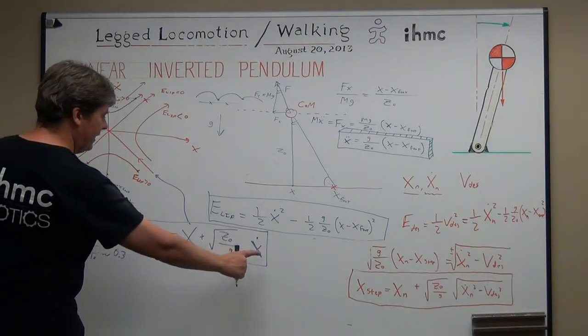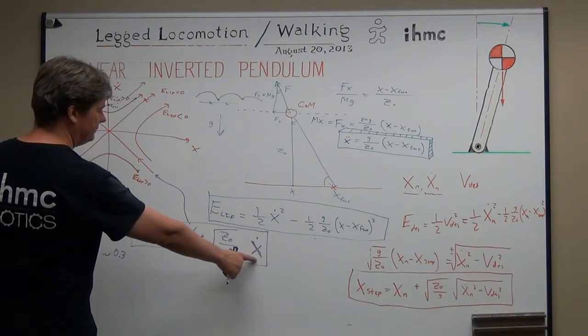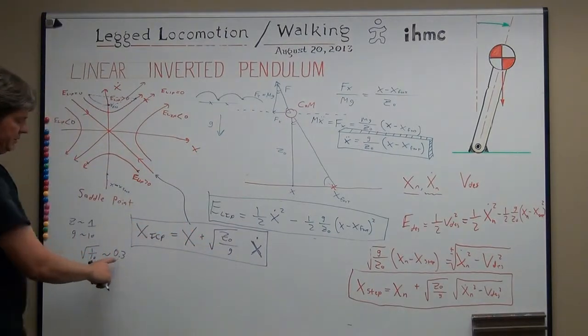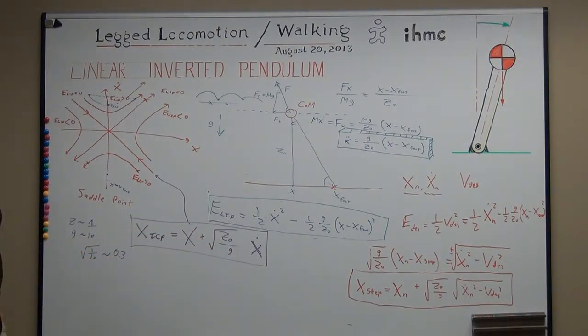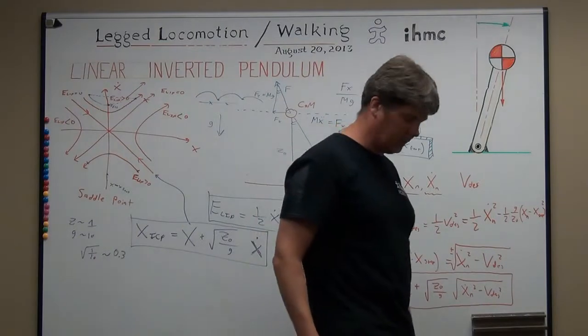Which means that for every meter per second you're traveling, you need to step approximately 30 centimeters forward to come to a stop. Okay, and that makes sense. It kind of works out in real life. If I'm walking at a normal speed, it's about 1.5 meters per second, so I've got to step about 45 centimeters forward in order to come to a stop.